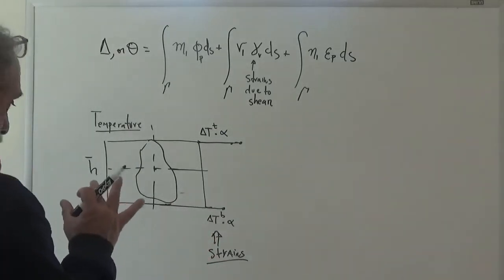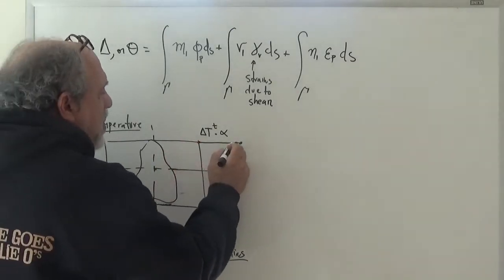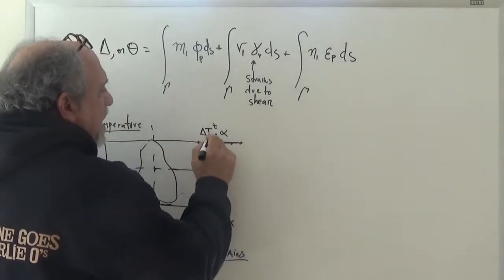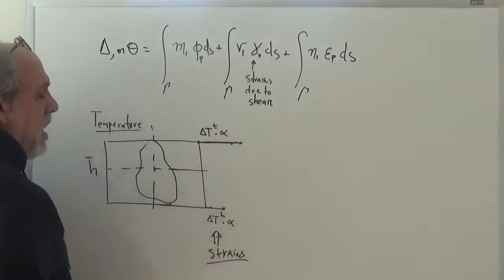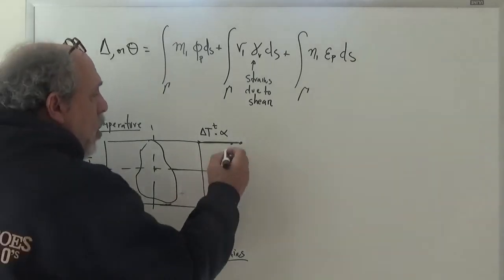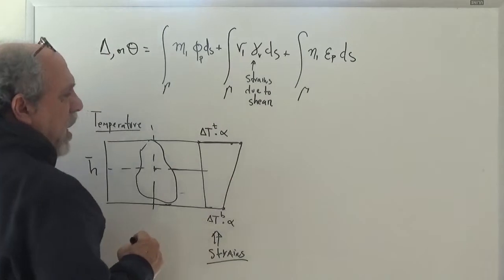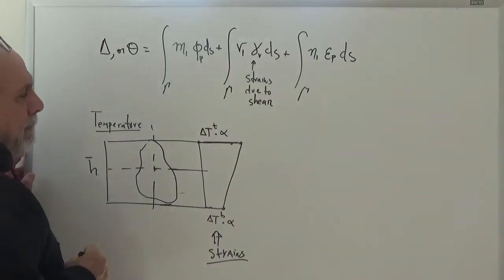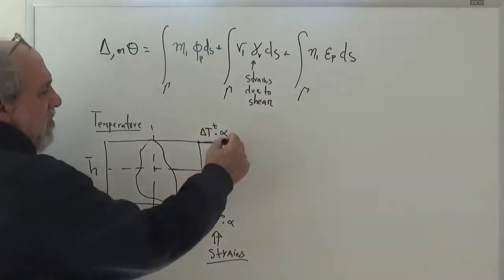So from having a reference, we say my temperature on the top of the section increased by delta T at the top times alpha, and my temperature at the bottom of the section increased by delta T at the bottom times alpha. As I said, we will use the assumption, which doesn't have to be true in reality but is often adequate, that the temperatures within the section are varying linearly.